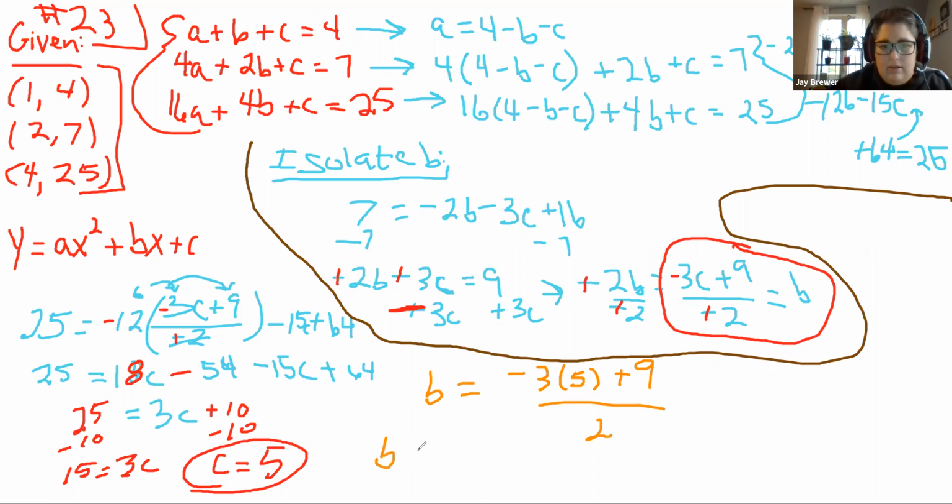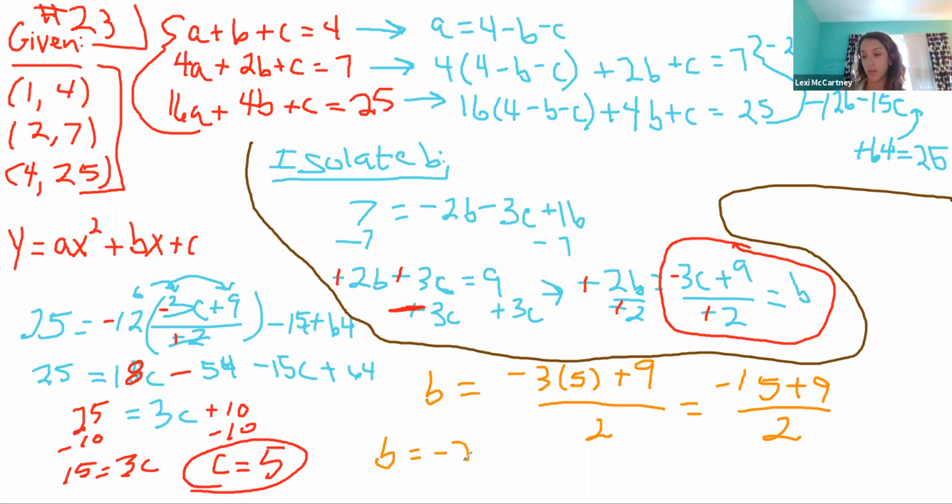So what does B equal? Negative 15 plus 9 divided by 2. What are we going to get for B? Negative 3. Negative 3. Excellent.